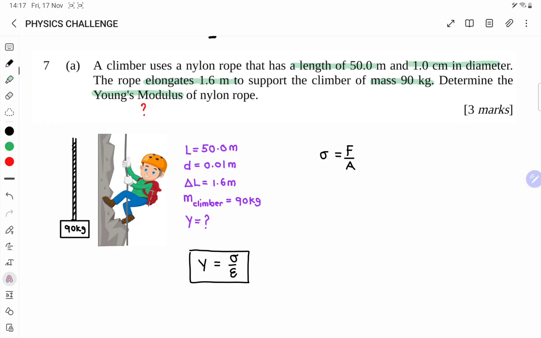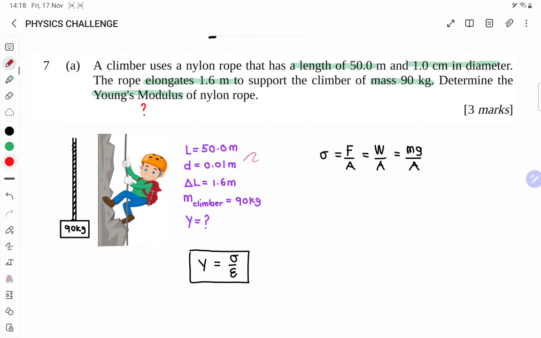In this question, the force is exerted by the mass of the climber. So for the force, we can say that it is the weight of the climber, mg, over the area. And the area is the cross-sectional area of the rope.